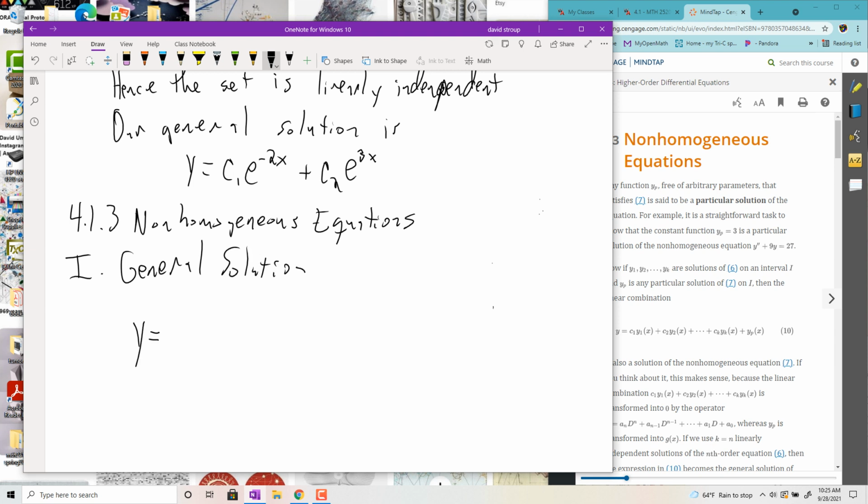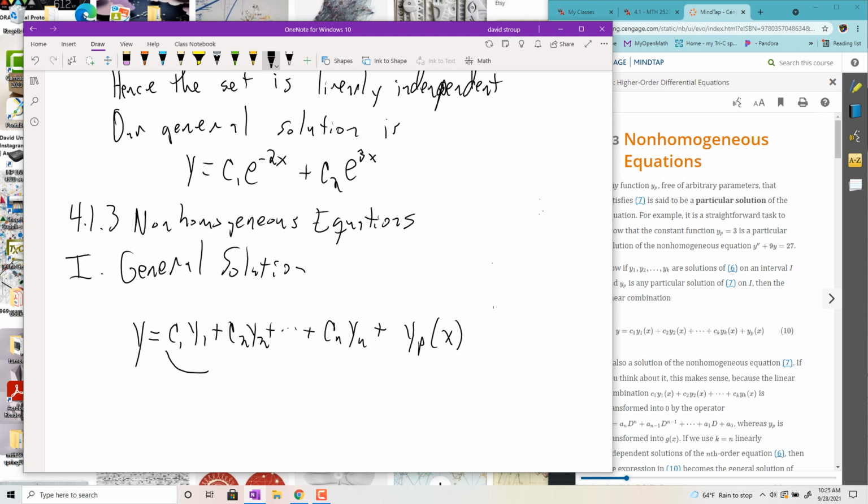Basically, the general solution will be y equals the general solution of the homogeneous equation, which will look like something like C1 Y1. So if you have an nth order differential equation, it'll have n functions describing the general solution. C2 Y2 plus da da da plus Cn Yn, and then plus some particular solution to the non-homogeneous version.